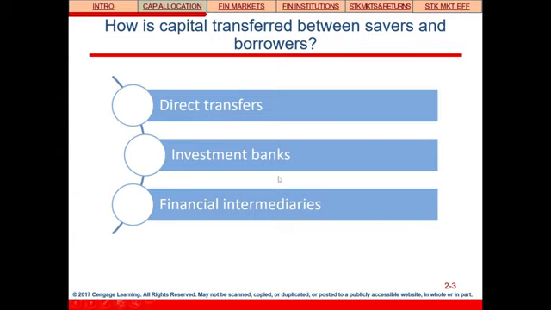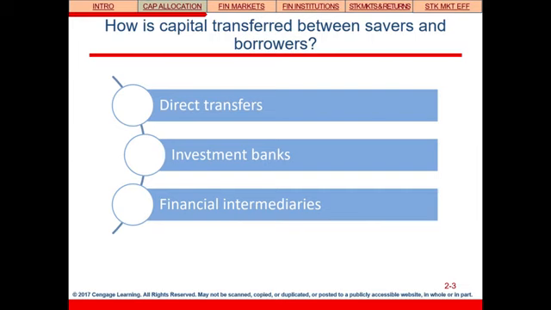So that's investment banks. And the last one is financial intermediation or financial intermediaries. These are usually commercial banks. Through commercial banks' assets, they do asset transformation. They take deposits from us, and then they issue loans to corporations or households, whoever are in need of money. So these are financial intermediations.